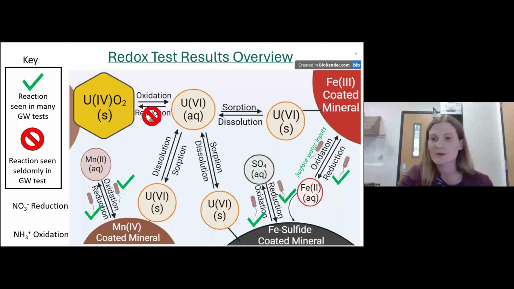And then we did see some iron reduction in most sites. Finally, I have on the left a little bit about the nitrogen cycle. We saw nitrate reduction, but not too much ammonia oxidation. I didn't include that in the large diagram, largely because nitrate is not a contaminant at this site. Most sites with uranium also have nitrate pollution, but this one does not.